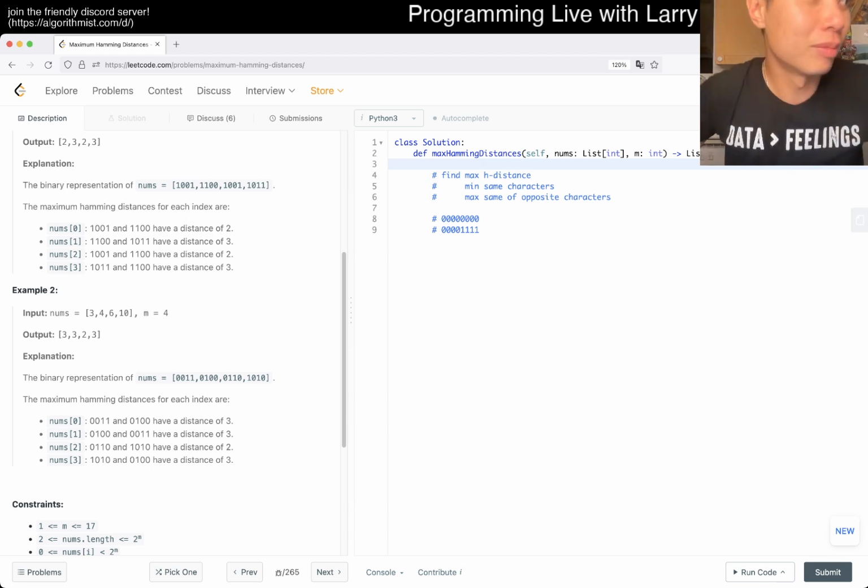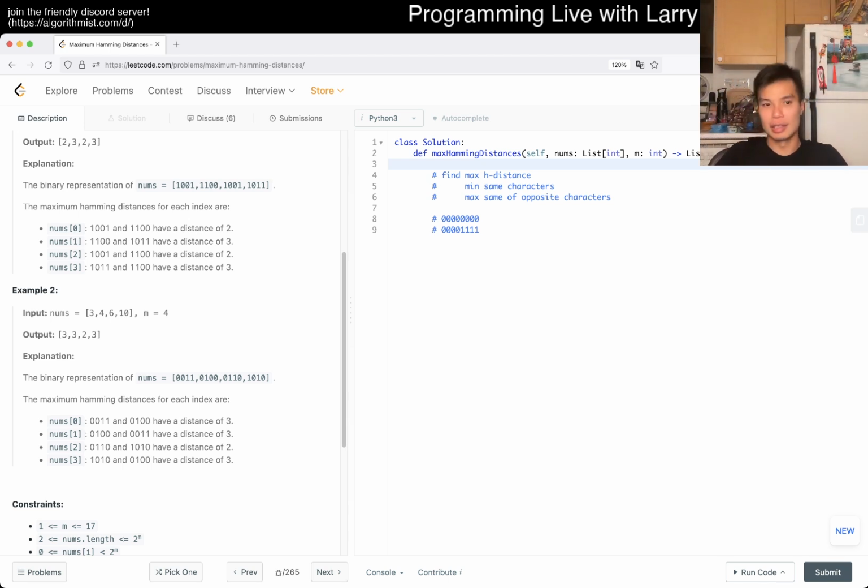Is there like a square root solution? N times square root of n. I guess n times square root of n is still... Is there like a small universe?